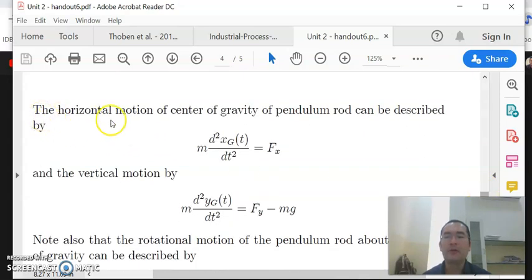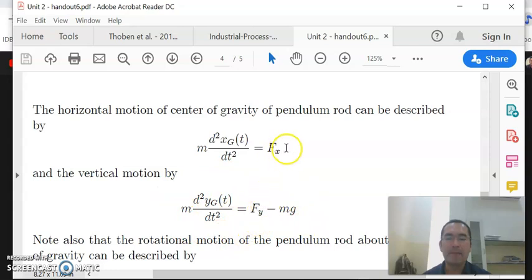So the horizontal motion of the center of gravity of the pendulum rod can be described as follows. Here we have the horizontal axis, this is m, the mass of the rod, and this is the vertical axis.